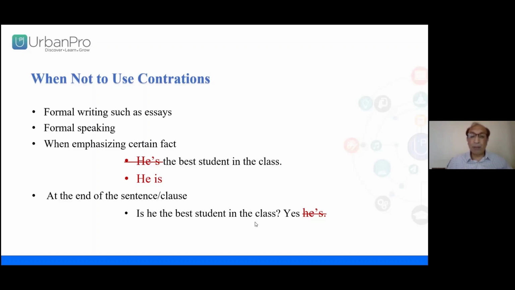So be mindful of using positive contractions at the end of the clause. However, you may use negative contractions at the end of the clause, right? So, for example, if my sentence says, is he the best student in the class? And if the answer is negative, I can say, no, he isn't. So it's pretty fine to use negative contractions at the end of the clause, right?